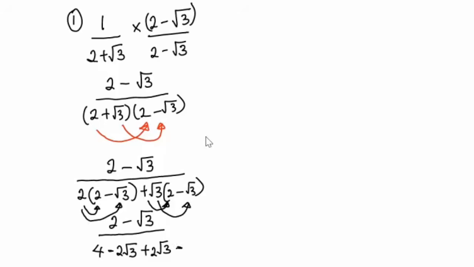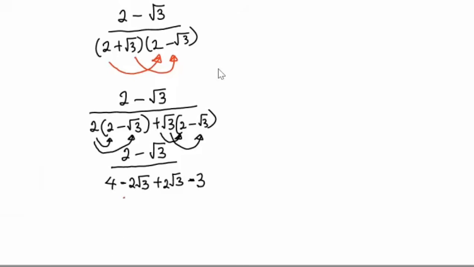Plus times minus is minus, and root 3 times root 3 is 3. Something to note: when you solve, one of the surds should have a negative sign and the other a positive sign, and they should be similar. So minus 2 root 3 plus 2 root 3 is 0. So at the end of the day, we have 2 minus root 3 over 4.